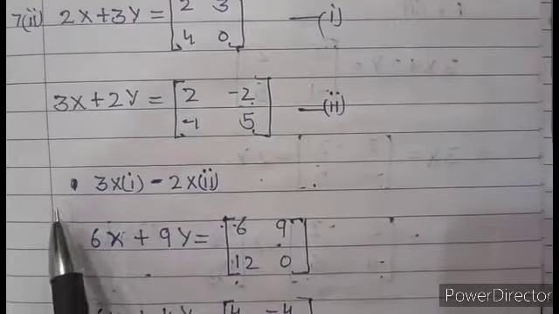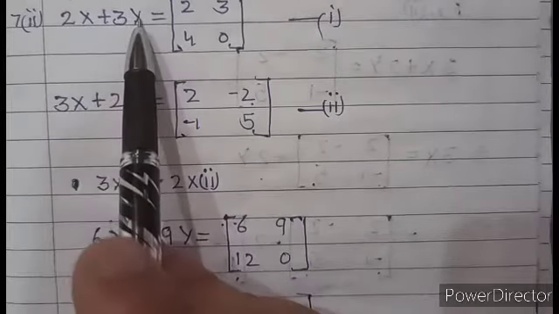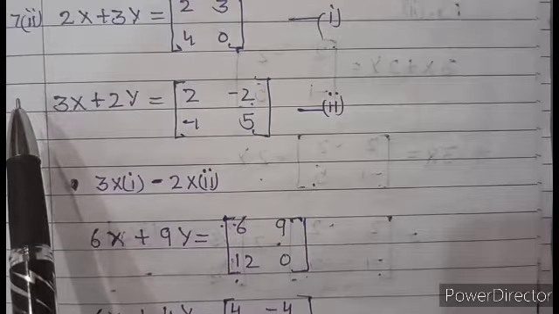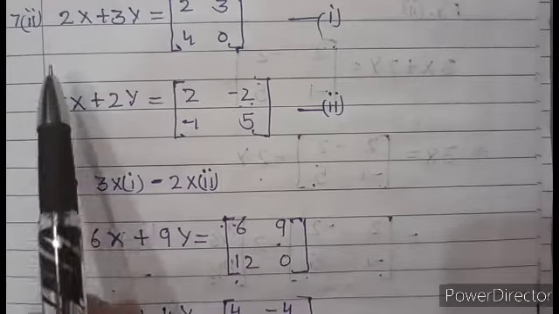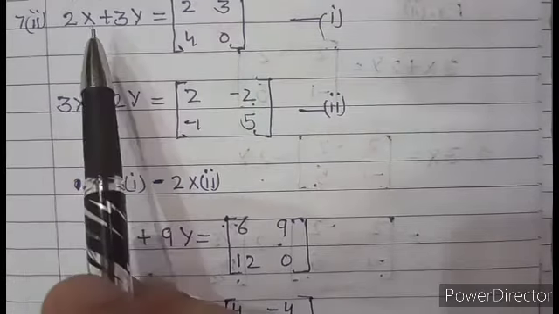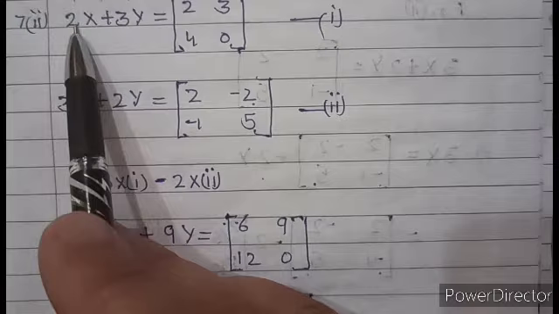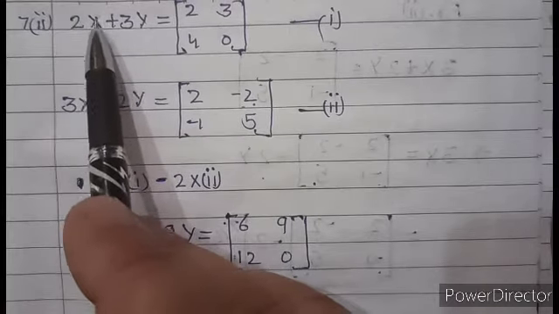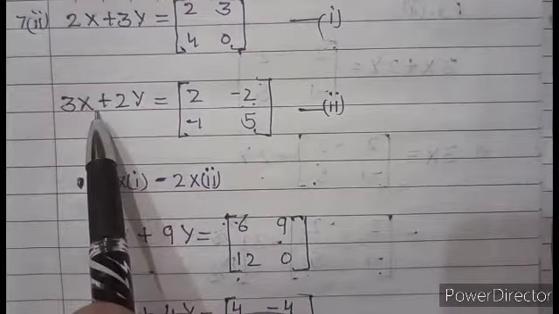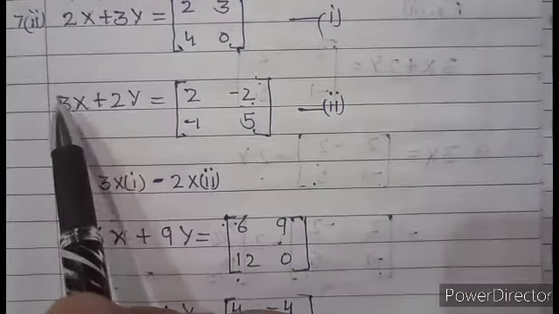Our first step will be to make the coefficients of x or y the same, and then eliminate one of the variables, one of the matrices x or y. Now if we are eliminating x from both the equations, then we will make their coefficients the same. The LCM of 2 and 3 is 6.